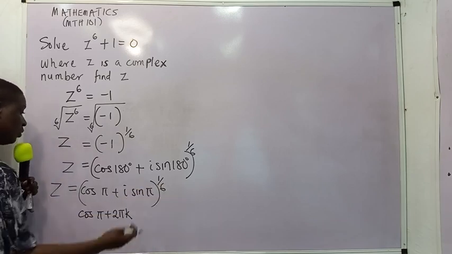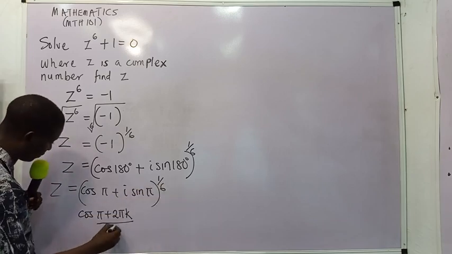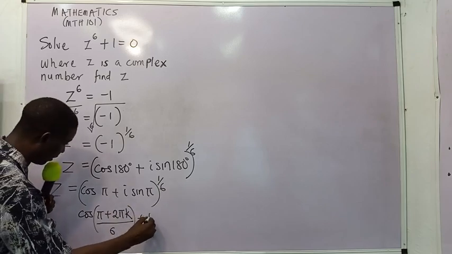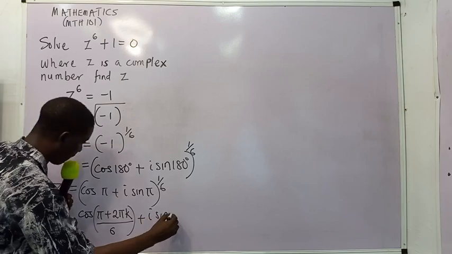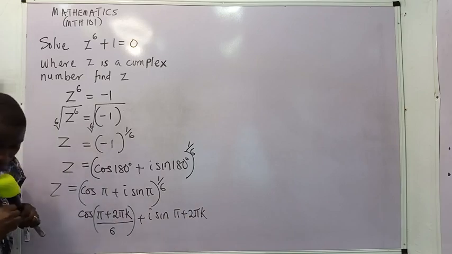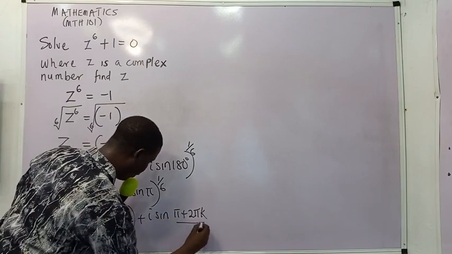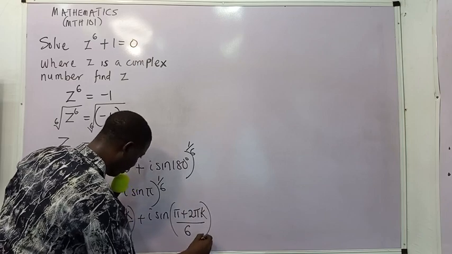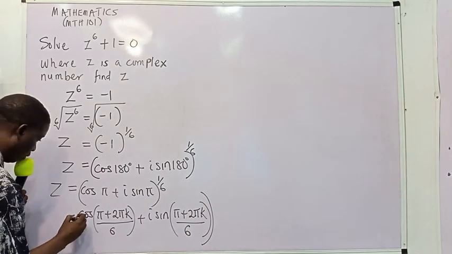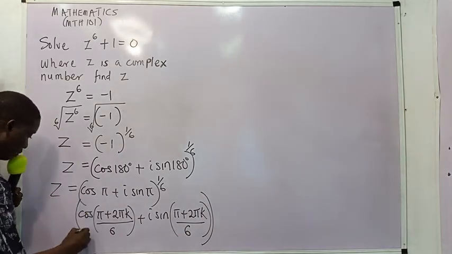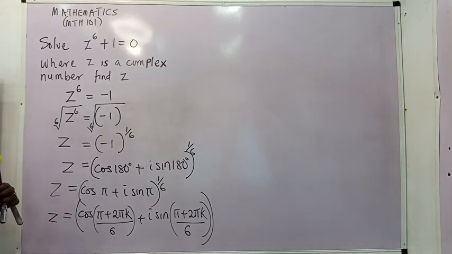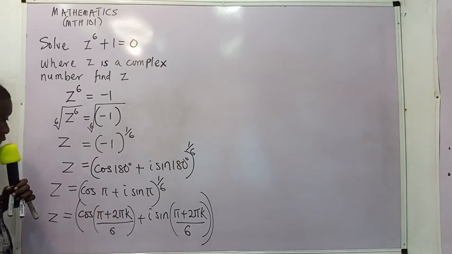Because this is a 6th root, you put it under 6: z equals cos of (pi plus 2 pi k) over 6 plus i sine of (pi plus 2 pi k) over 6.